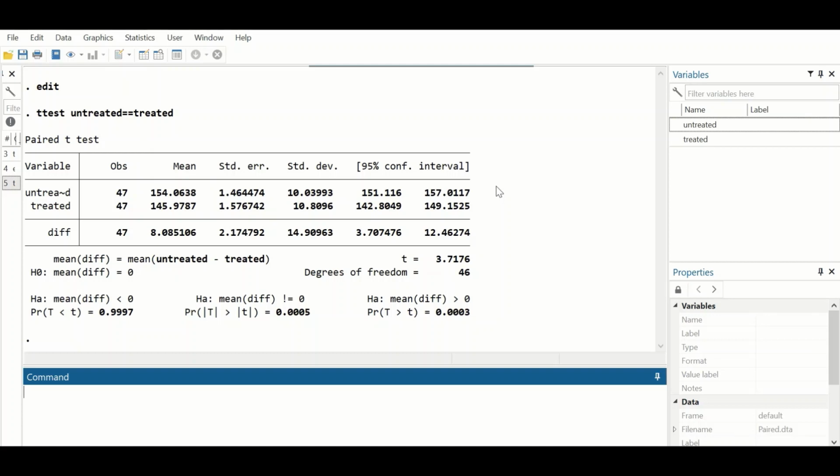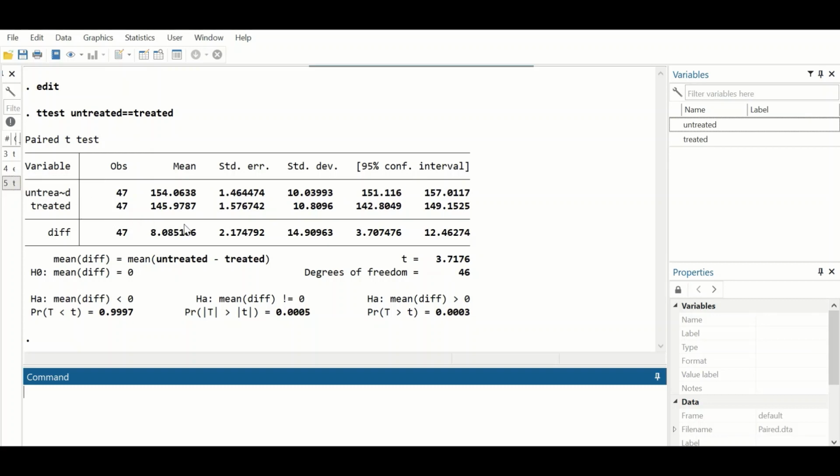And also a 95% confidence interval is generated for the untreated and the treated data. And this shows that the mean for the untreated, which is equal to 154, is within the lower and upper values of the confidence interval, which gives assurance and confidence.